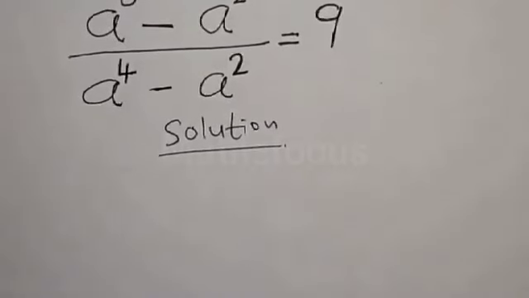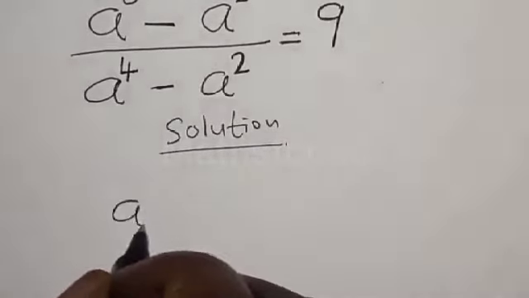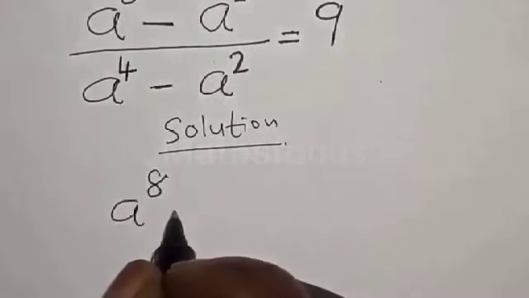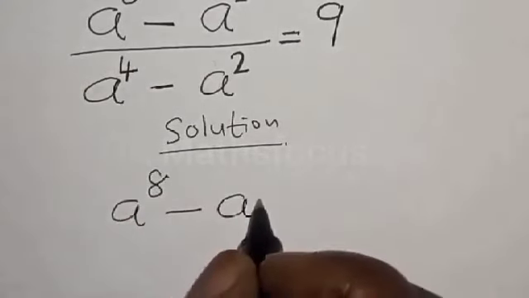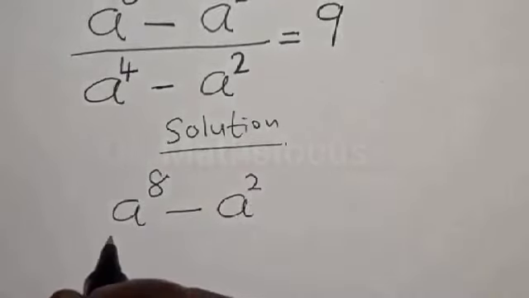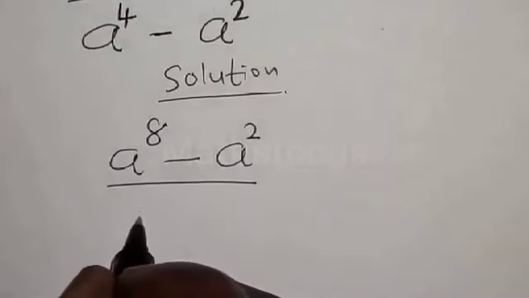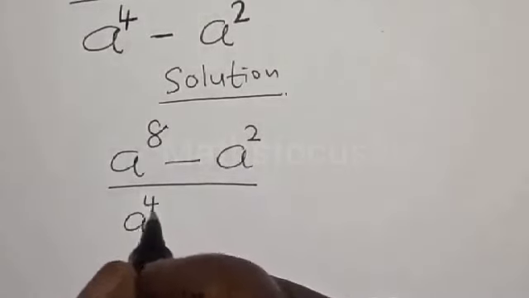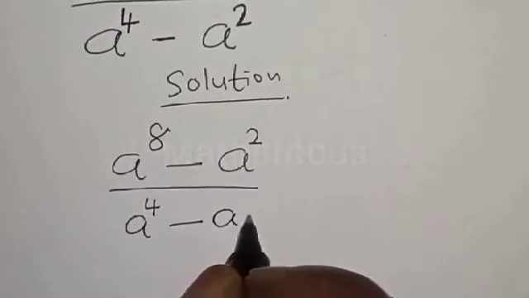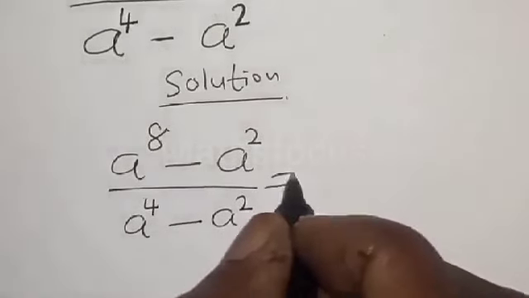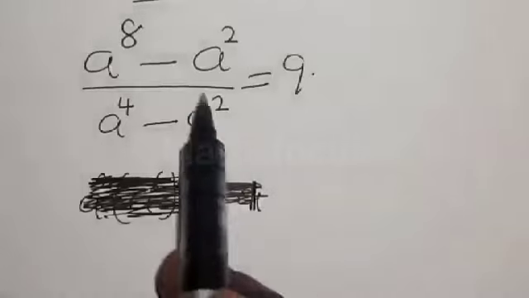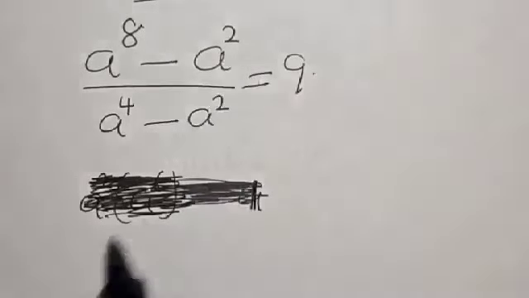We have the given equation: a raised to power 8 minus a squared divided by a raised to power 4 minus a squared is equal to 9. Then from here we can factor a squared out.